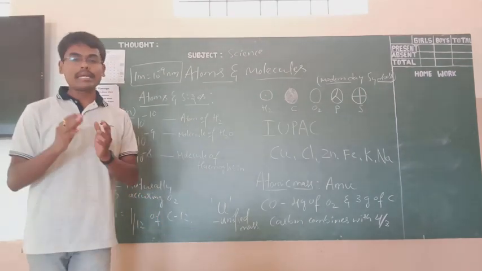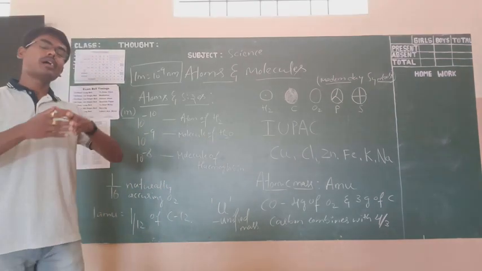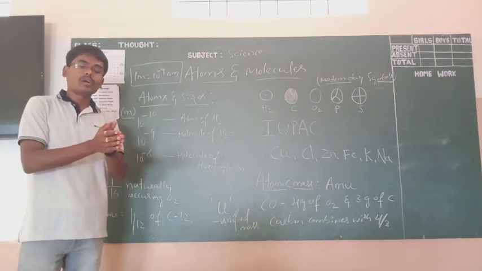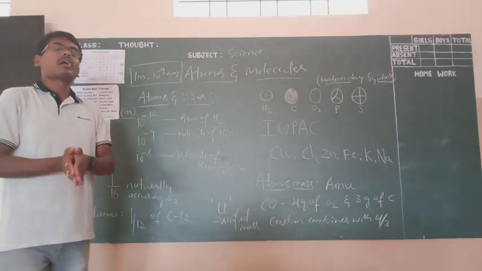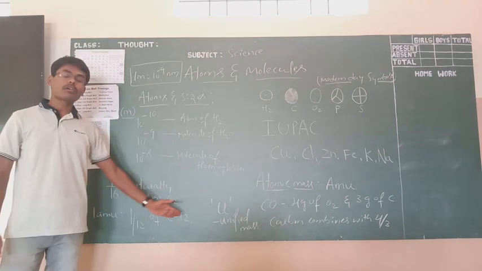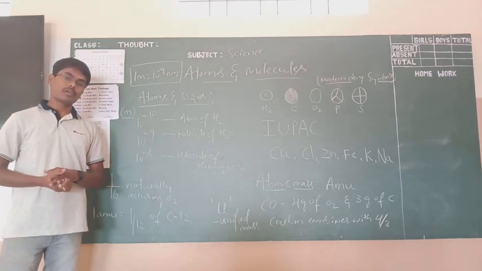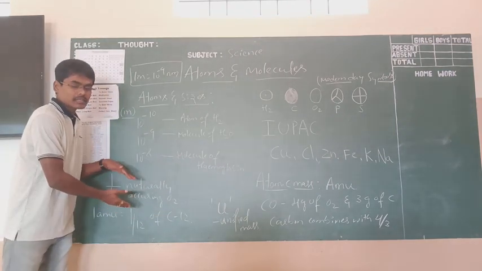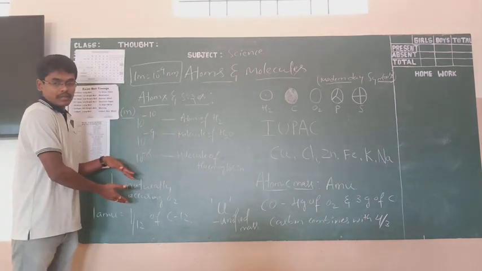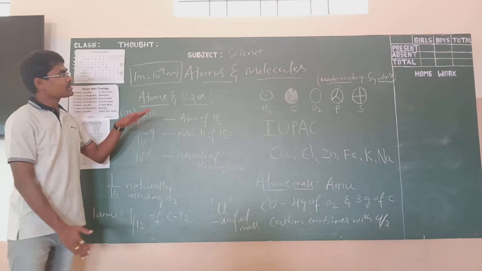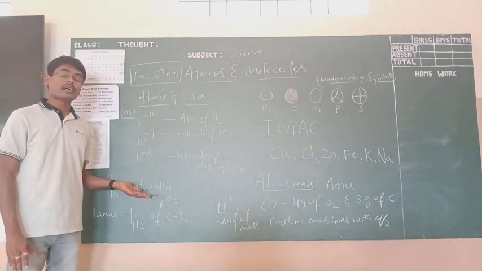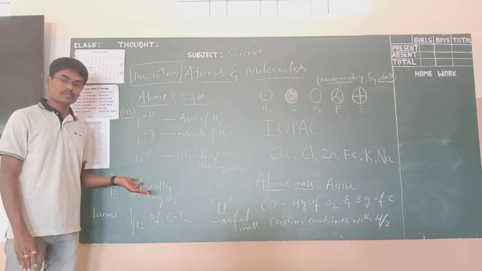The atomic mass unit of any element or compound should be equal to 1 over 12th of the carbon atom. This is what they follow nowadays, and it is universally accepted. Okay, and this is about atomic mass and its atomic mass units. Thank you.